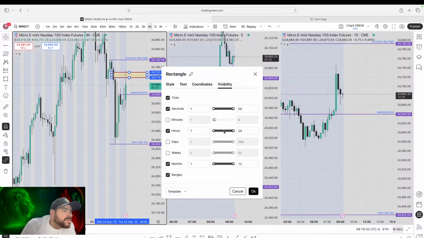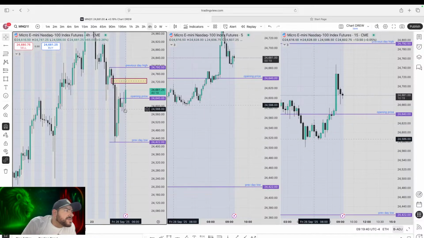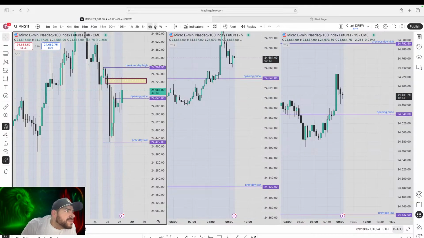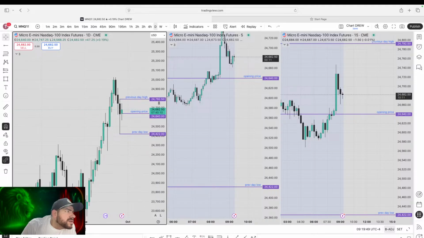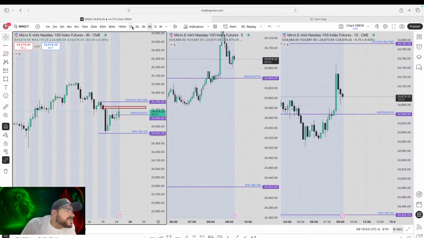Visibility. Boom. 4-hour. Okay. So put it there. So we know we're bouncing off of that with the order block. We'll see if we want to go towards the downside, which is in opposition of the daily chart, since we're looking bullish. But we will see.